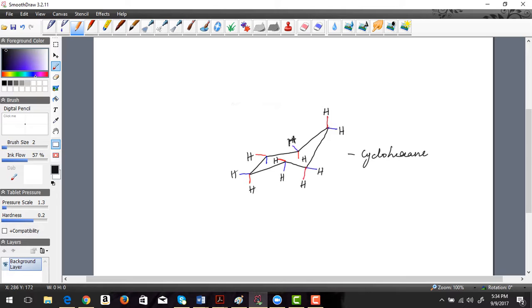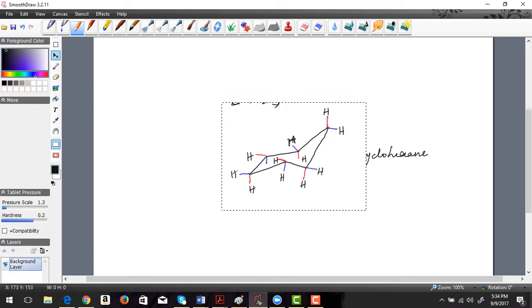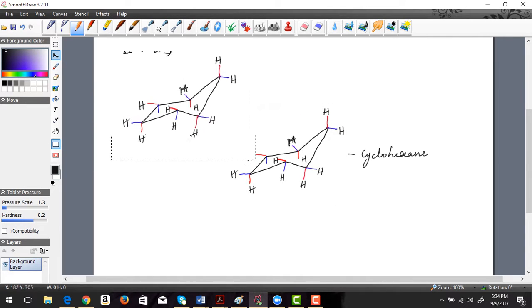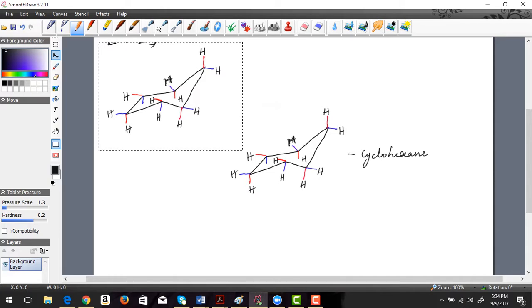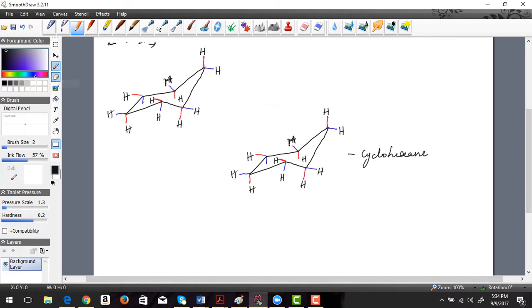Okay, so the rule is, let's redraw this. I'm going to erase this first and get rid of this. Let's say instead of a hydrogen, I have a chlorine. Maybe I'll get a different color, maybe a purple.